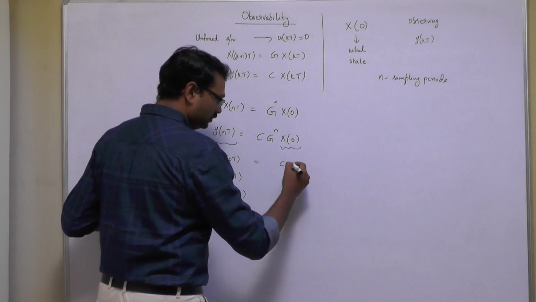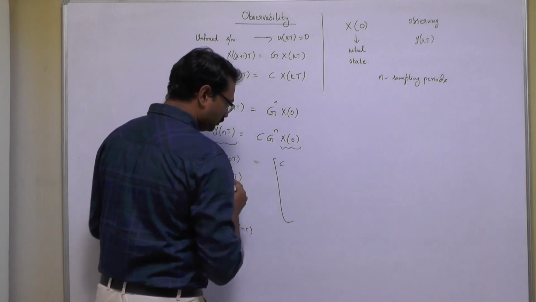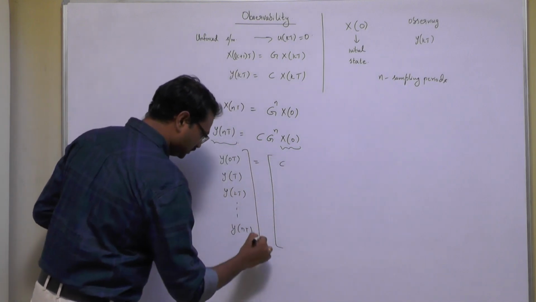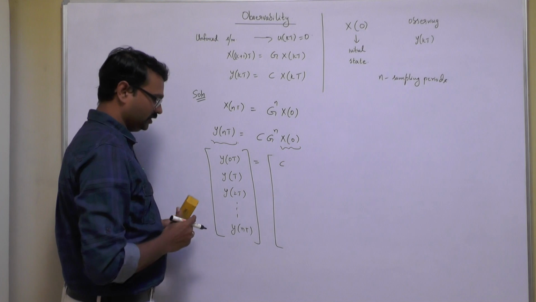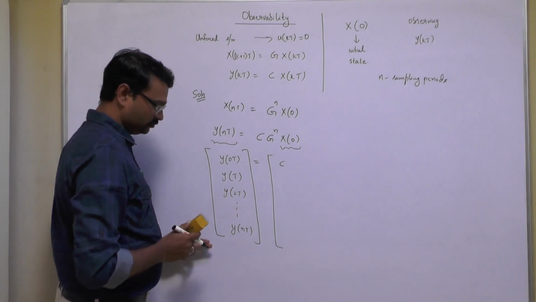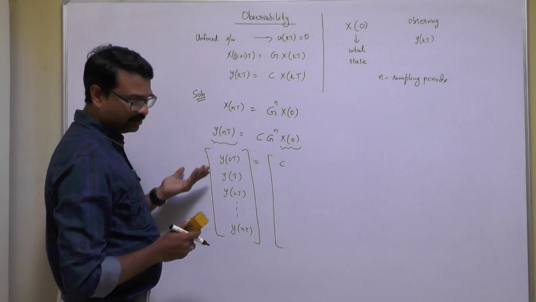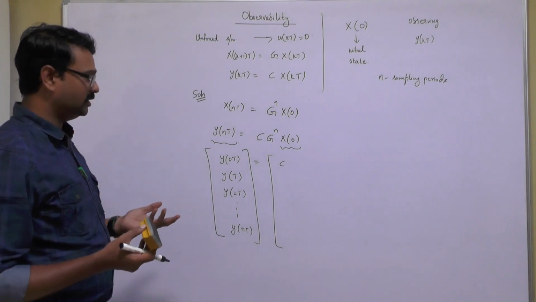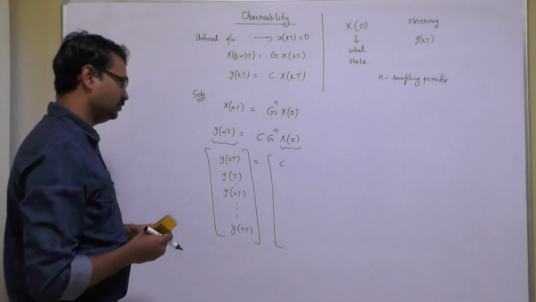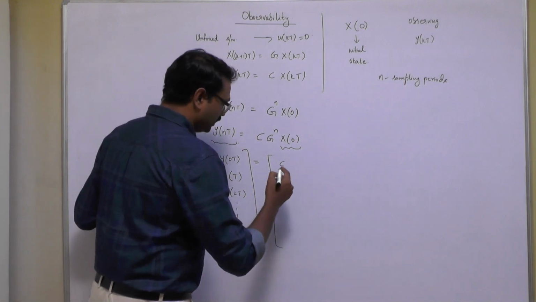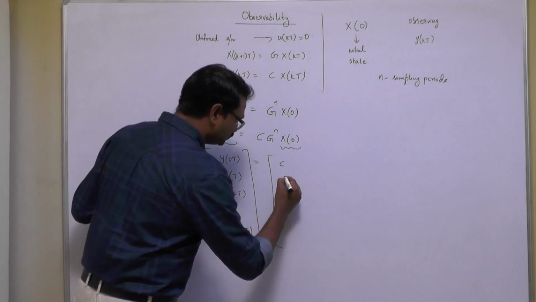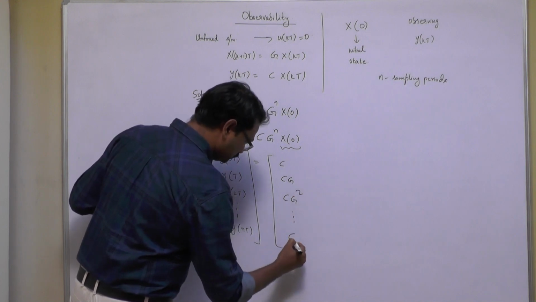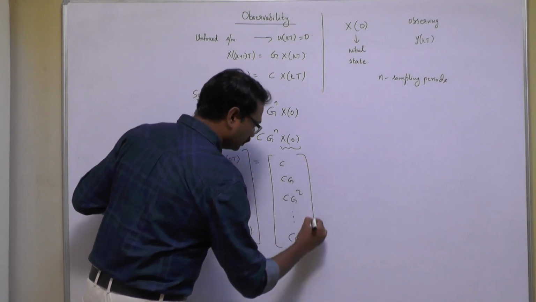C into G power 0, x of 0, C into G, and if I consider this as an equation, y of nT, or you can consider it as y of mT or y of rT, any output, because it is a multi-output system. You can go for m number of things: C, then CG, then CG square, so on, CG power n into x of 0.